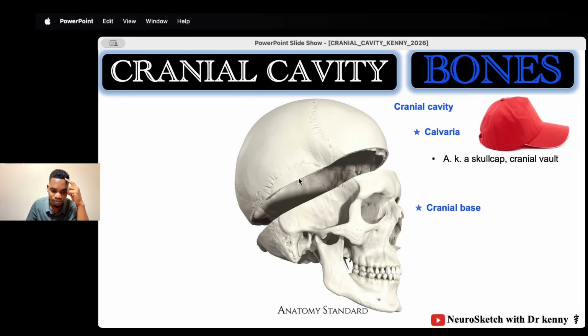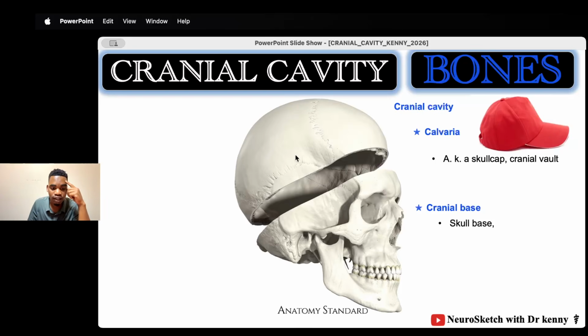When you assume that you are cutting through this plane to separate the cranial cavity into the vault, the remaining part is called the cranial base, or the base of the skull, or the skull base. They all mean the same thing. It is the bony framework that is left once you remove the calvaria.